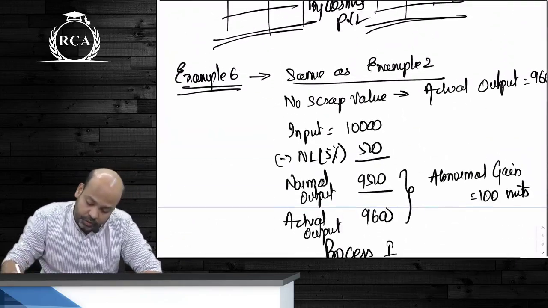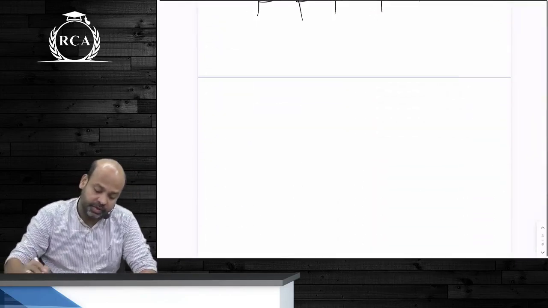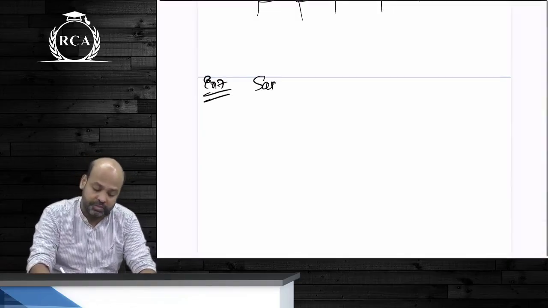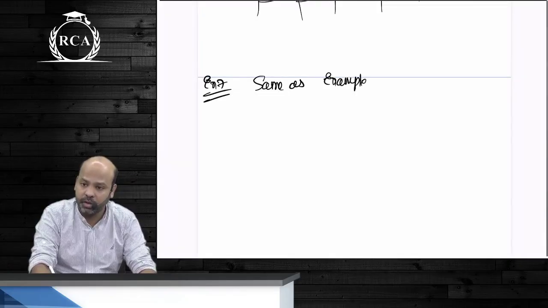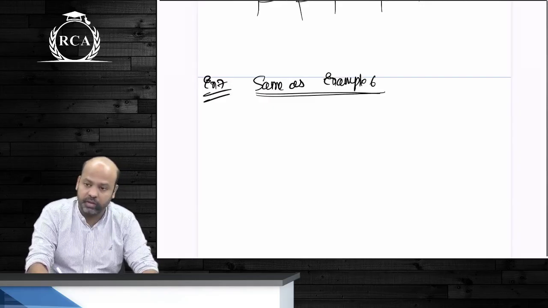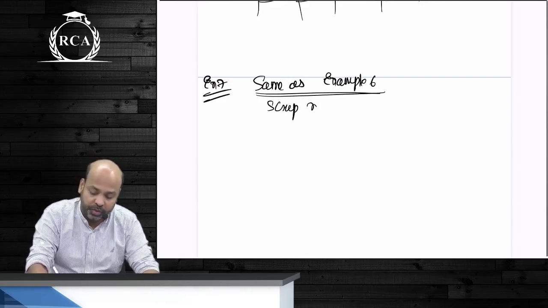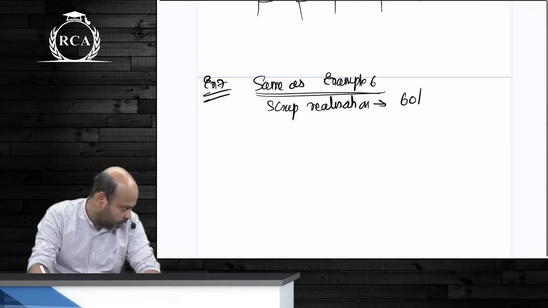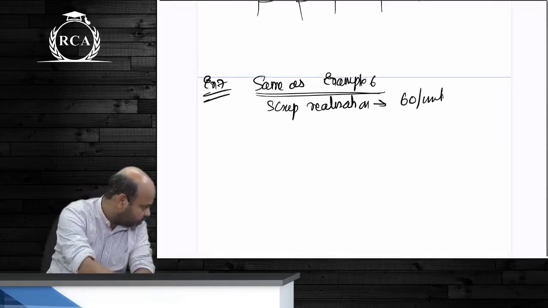Which example was this? It was 6. Now example number 7. Same as example 6, that is, you still have an abnormal gain of 100 units. Let's say that the scrap realization is 60 rupees per unit. Think about it for a minute now.